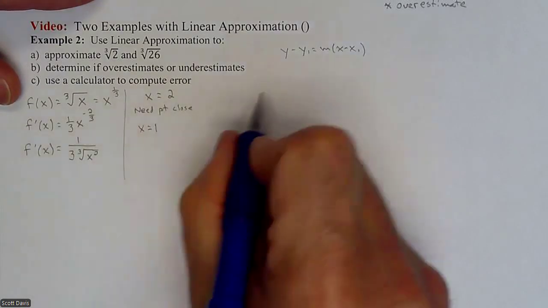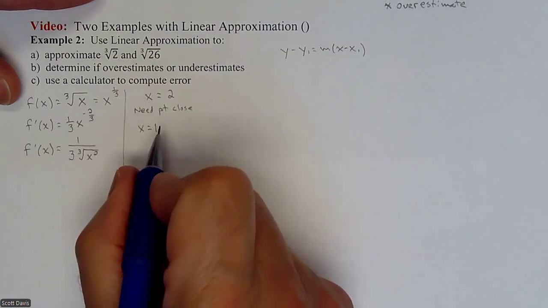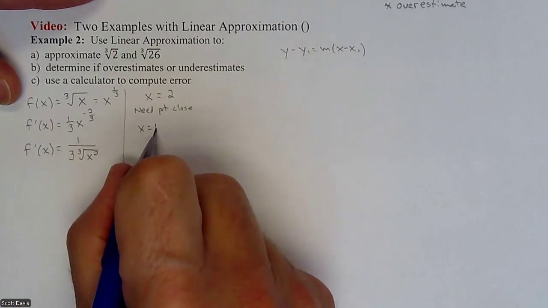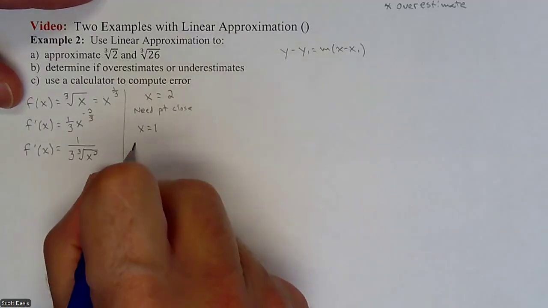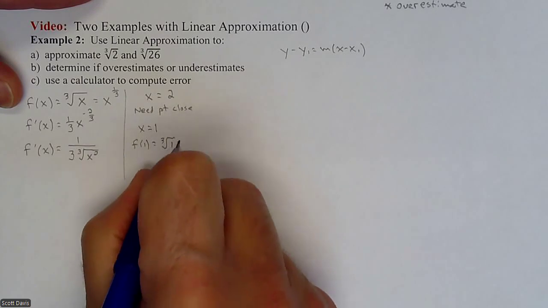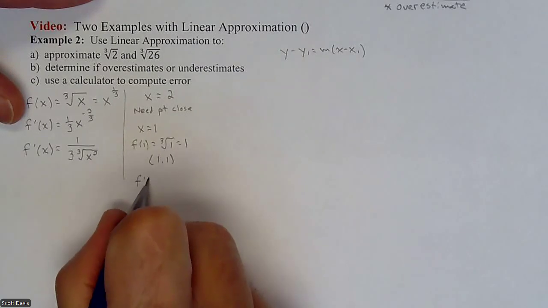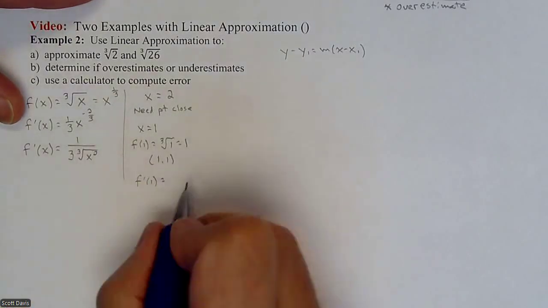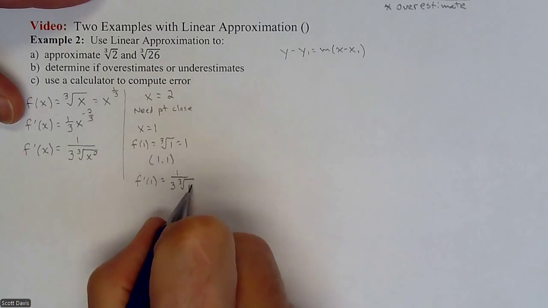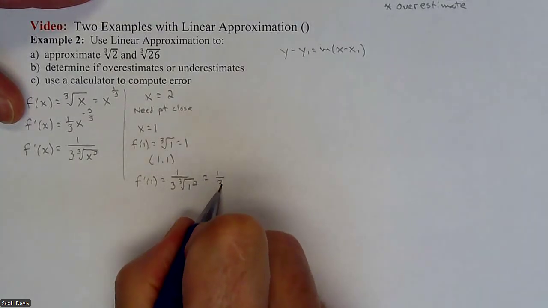All right, so what I need to do then is to figure out my tangent line. I'm creating a tangent line based on a point that's close to this. So I need a slope and I need the rest of the coordinate. So let's plug in to figure out the coordinate. It's the cube root of 1, which is 1. So the coordinate is (1, 1). Our slope at 1 is 1/3 times the cube root of 1 squared, which is going to get us 1/3.